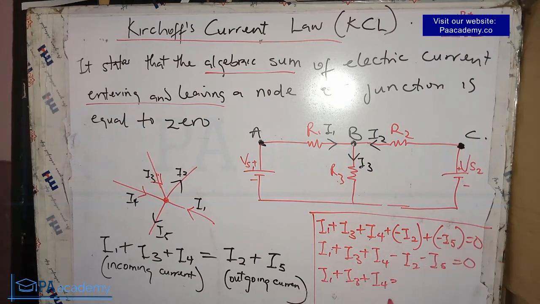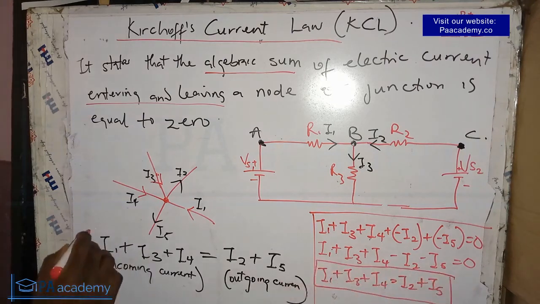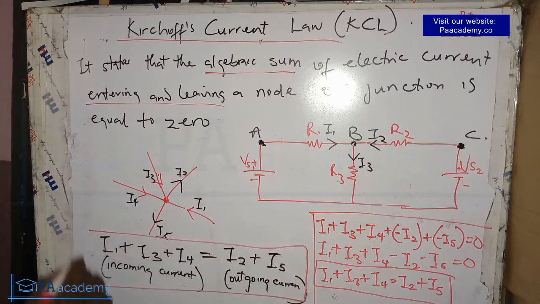If you take the negative terms to the other side of the equals sign, we are going to have I1 plus I3 plus I4 equals I2 plus I5, and you can see that what I'm having here is the same thing that I'm having here. So I hope with the explanation you've been able to understand what Kirchhoff current law is all about. The sum of current entering a node or a junction is equal to the current leaving that same node or junction.